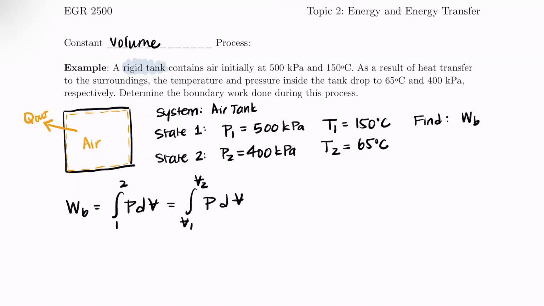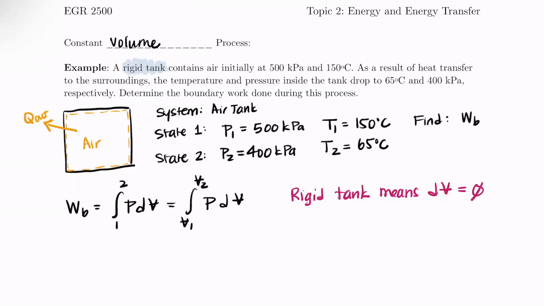All right, but this is a rigid tank, right? What does that mean about dV? Do we have any change to the volume of the tank? No. So this is 0.